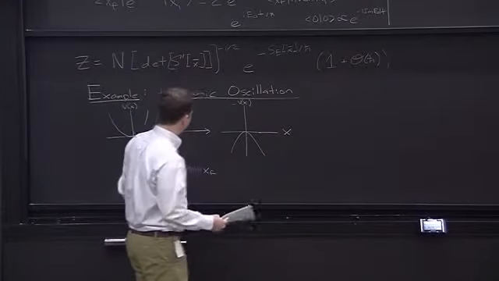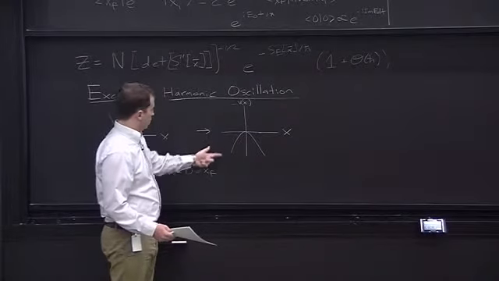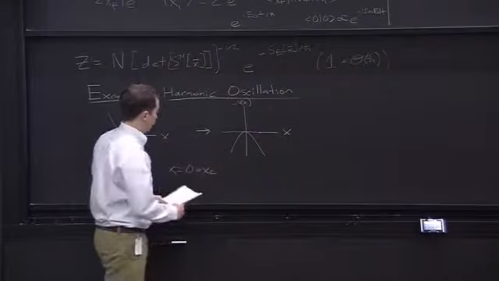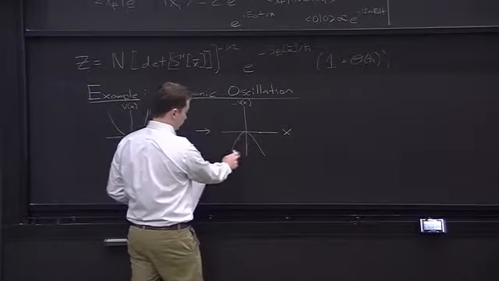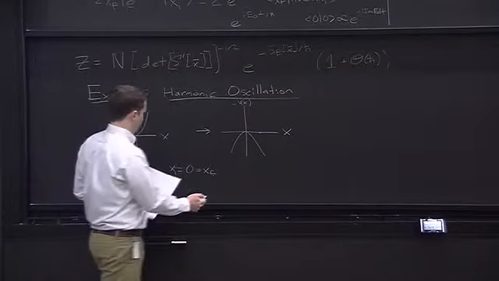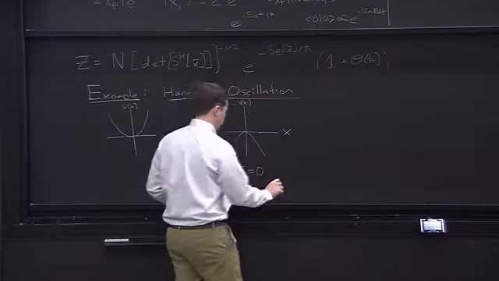In that case, since we're solving for the motion of a particle of unit mass with this potential, the only possible solution is that x bar is 0.